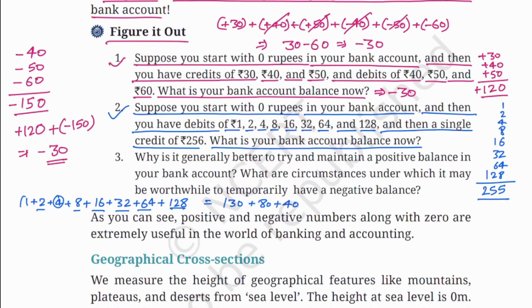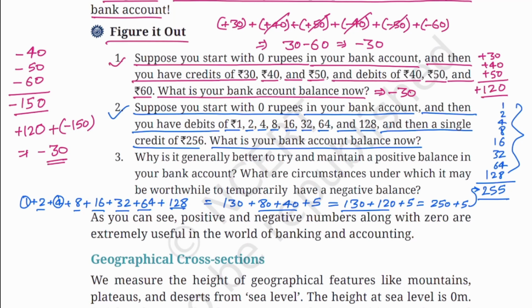And 4 plus 1, 5. If you add these two, you will get 120. Then if you add these two, you will get 250. And when added, will give you 255.